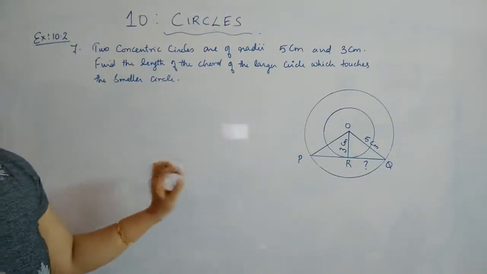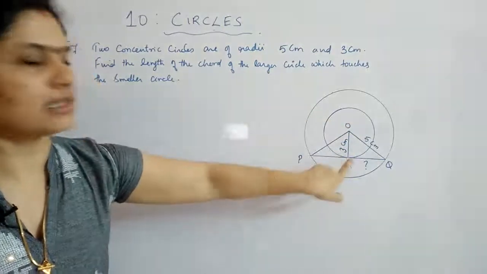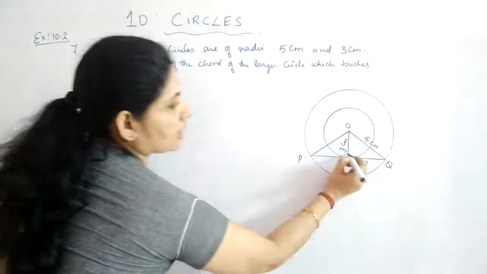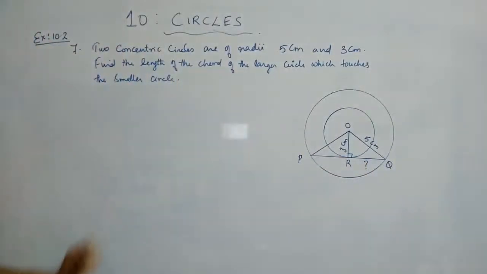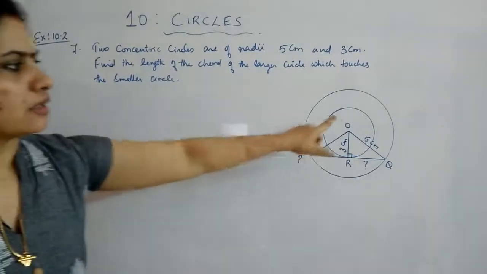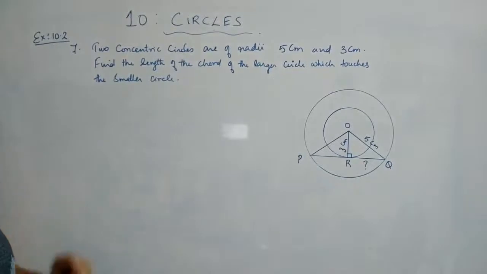So first we will use the tangent concept, that is for the smaller circle, PQ is the tangent, means at this point the radius and the tangent are making 90 degrees with each other at the point of contact R, so that the triangle becomes a right angled triangle, and using that concept, Pythagoras theorem, you can find out the length of RQ first.